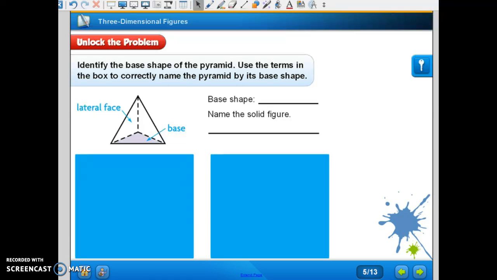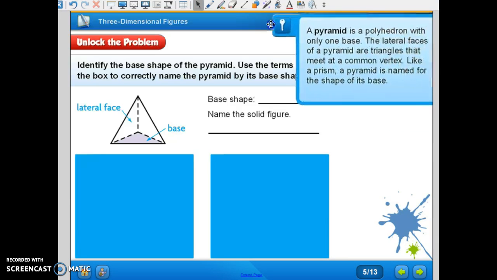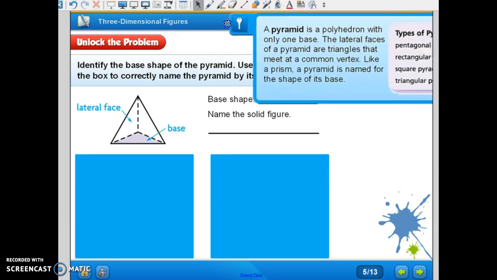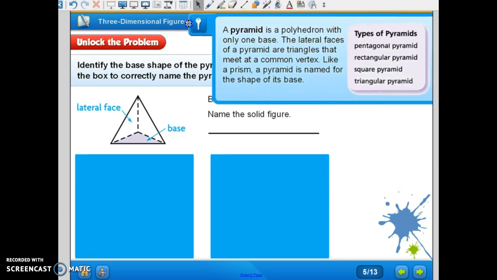Identify the base shape of the pyramid. Okay, now pyramids are different than prisms. A pyramid is a polyhedron with only one base. So the difference between a prism and a pyramid is what?